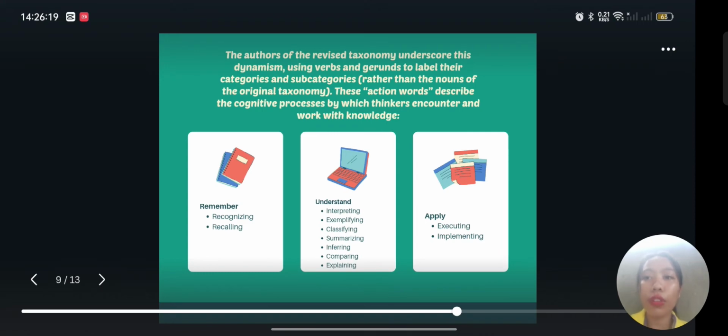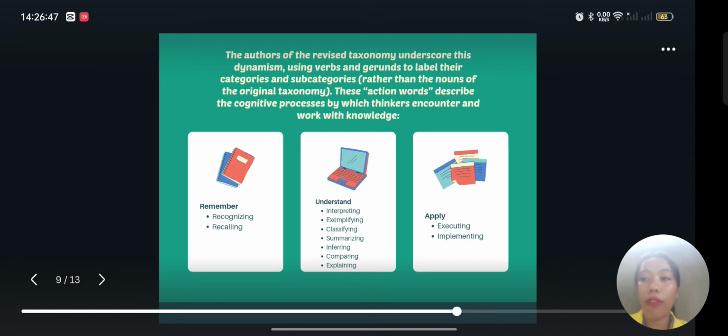The authors of the revised taxonomy underscore this dynamism, using verbs and gerunds to label their categories and subcategories rather than the nouns of the original taxonomy. These action words describe the cognitive process or processes by which thinkers encounter and work with knowledge.